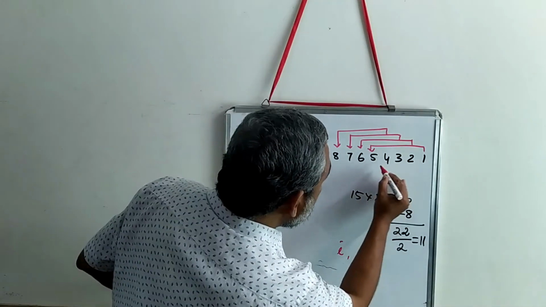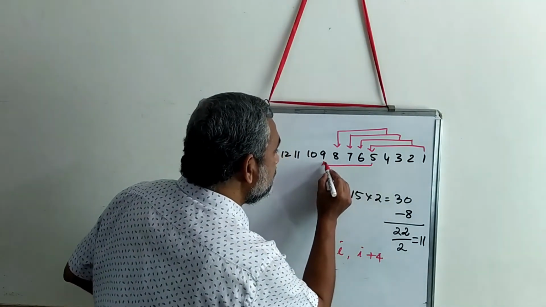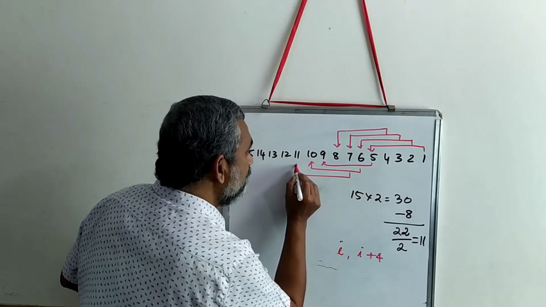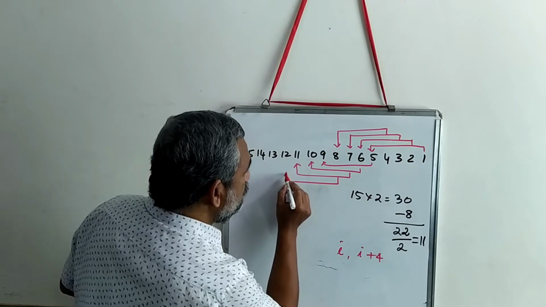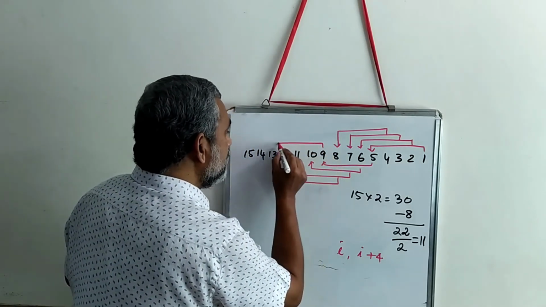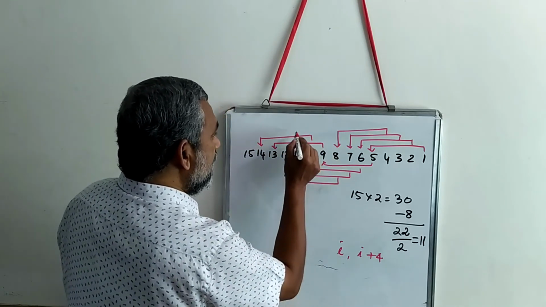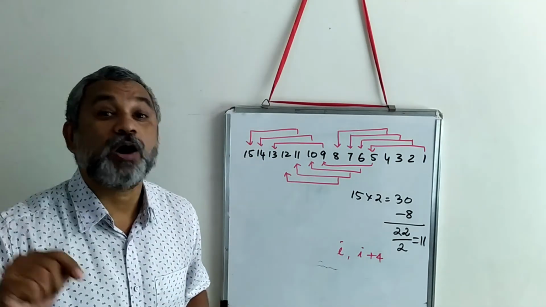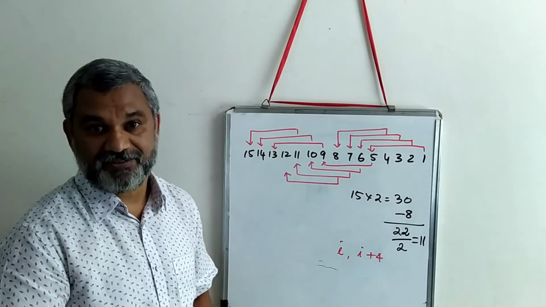Now, what about the 5th one? The 5th amino acid will form a bond with the 9th, the 6th will form with the 10th, the 7th will form with 11, the 8th will form with 12, the 9th will form with 13, the 10th will form with 14, and the 11th will form with 15. So this is how the hydrogen bonds will be formed based on the principle which we have learned.